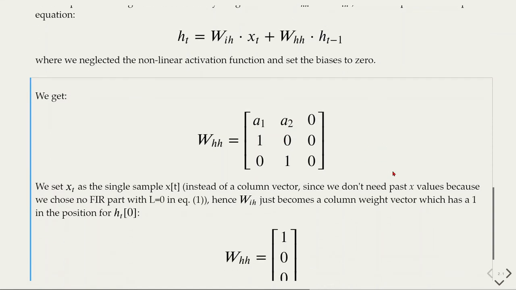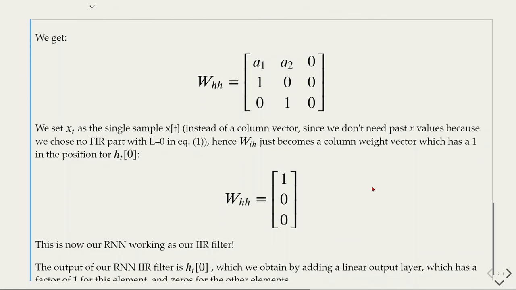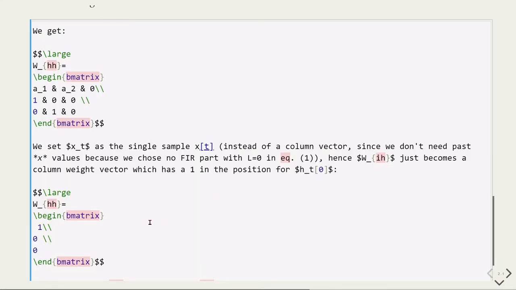So we set x(t) as the single sample x(t) instead of a column vector, since we don't need past x values because we chose no FIR part with L equals 0 in equation 1. Hence, W_ih just becomes a column weight vector which has a 1 in the position for h_t(0). I have here the W_ih.